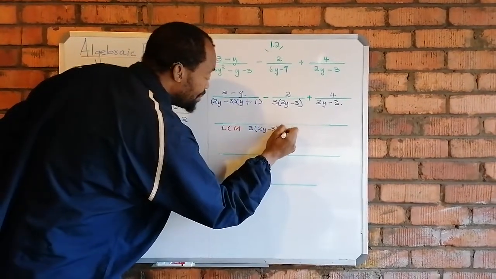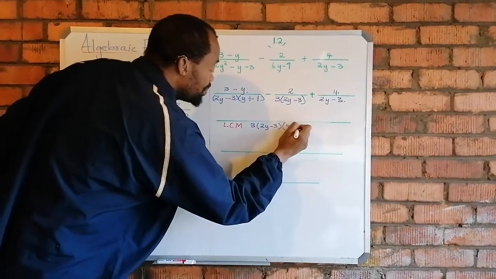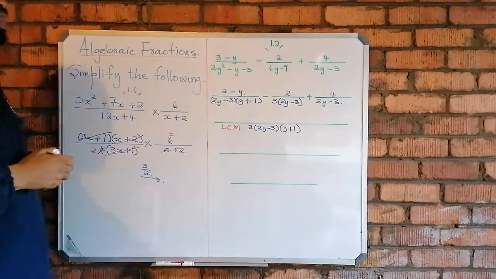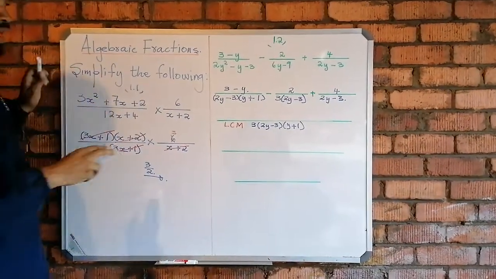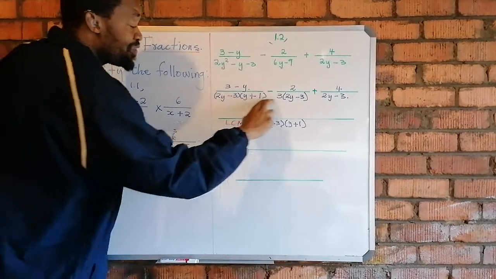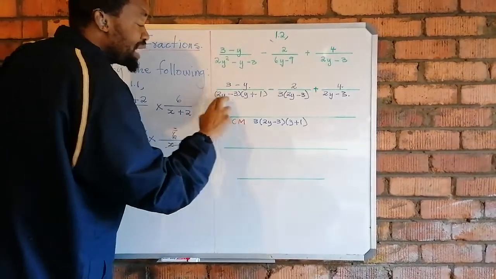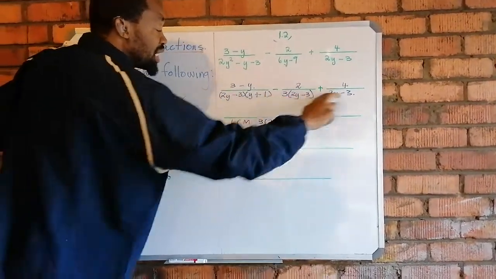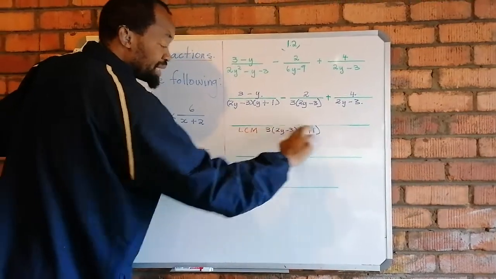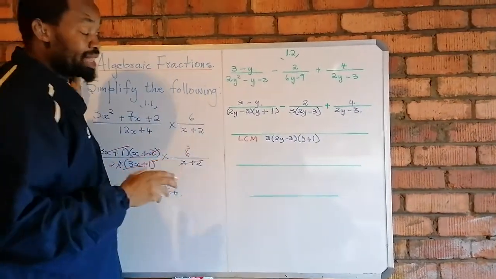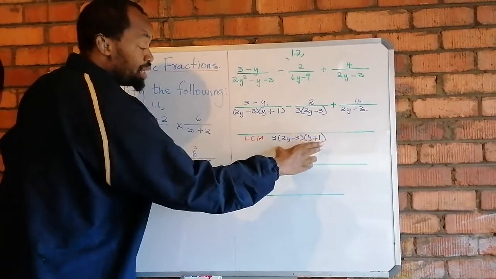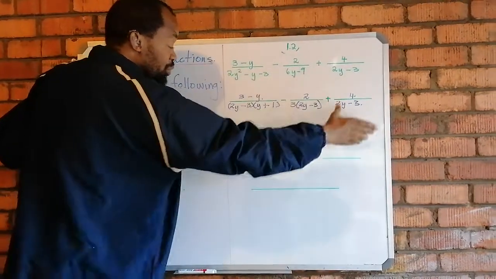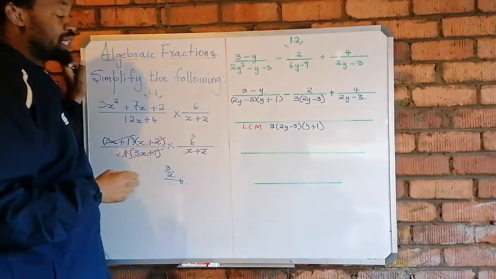That is why I must also multiply it by y plus 1. Now, every little expression here is represented there, meaning that now I can do this mathematical operation using that.